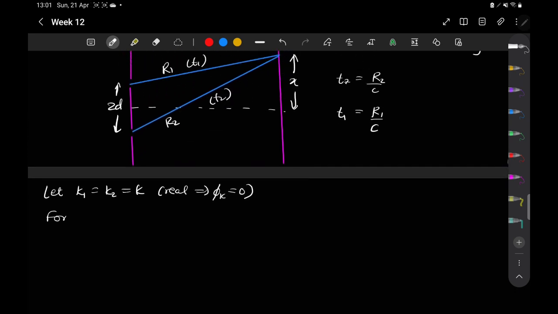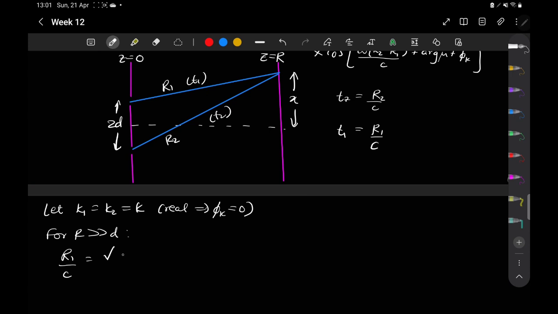And for r much larger than d, r1 over c is, r1 is this distance, so it is square root of x minus d whole squared plus r squared, over c.